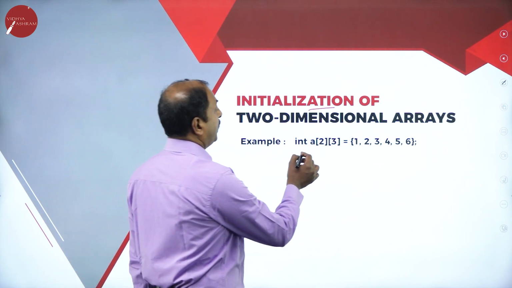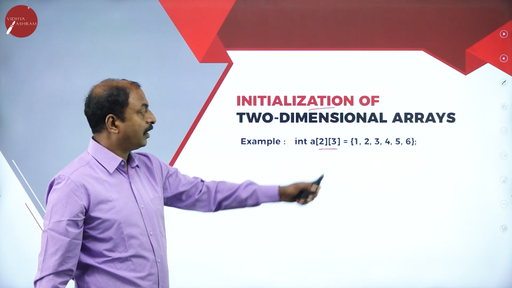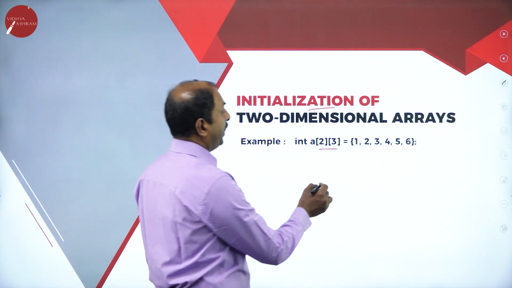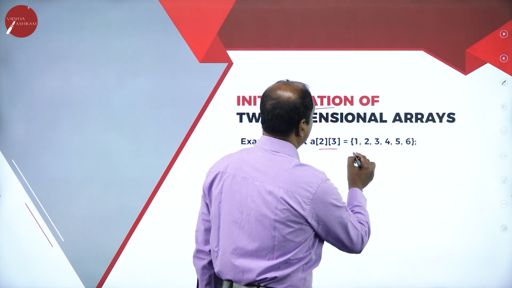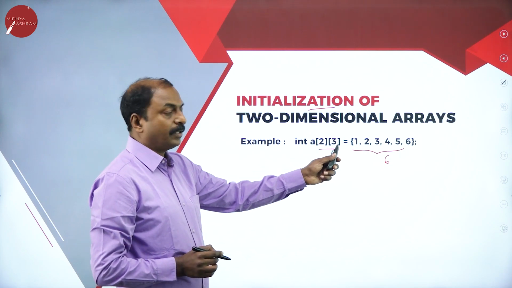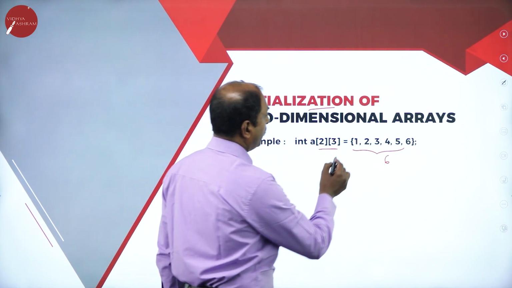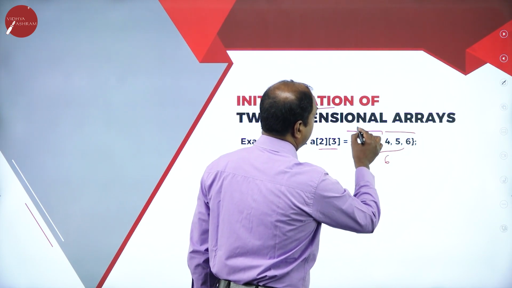So here int A[2][3] means 2 rows and 3 columns. There are 6 elements: 1, 2, 3, 4, 5, 6. Because the size is 6, the first 3 elements stand for the first row and the next 3 for the second row.